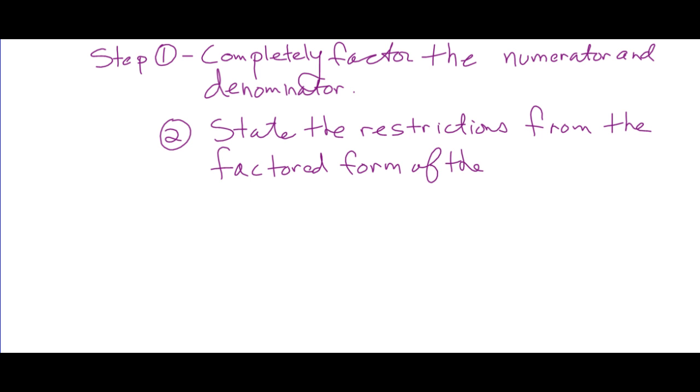So remember, the restrictions are the values of x that will make the denominator 0. Actually, the non-permissible values are the values of x that will make the denominator 0, and the restrictions are saying x cannot equal that number, right?